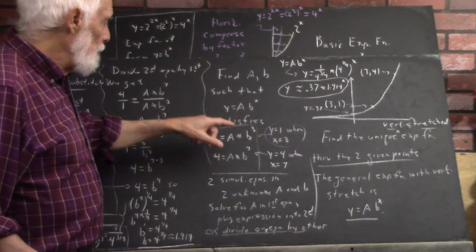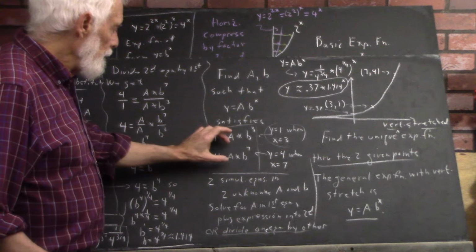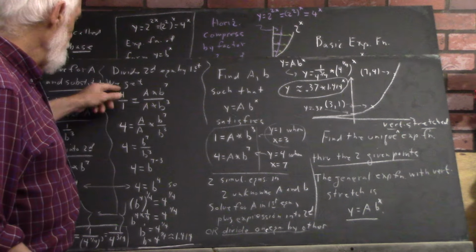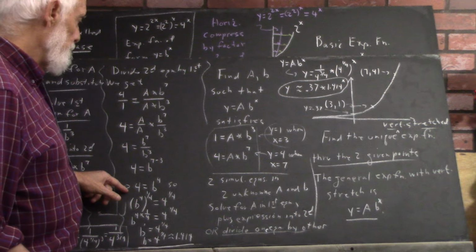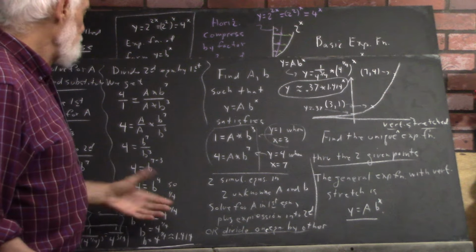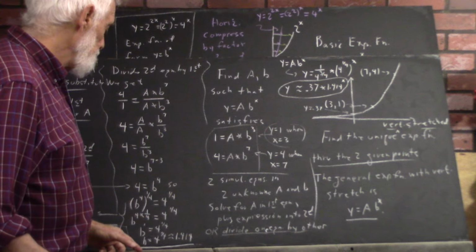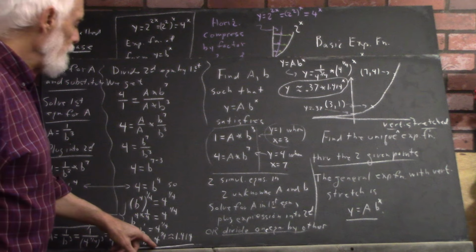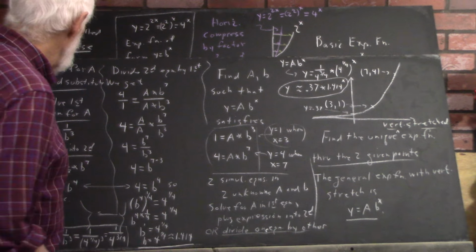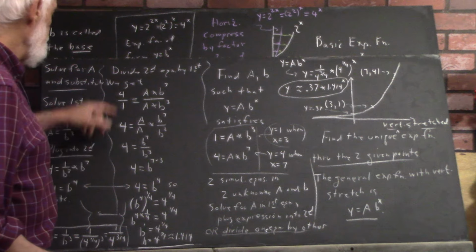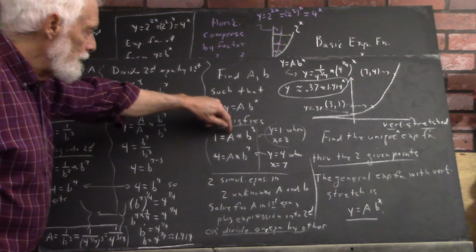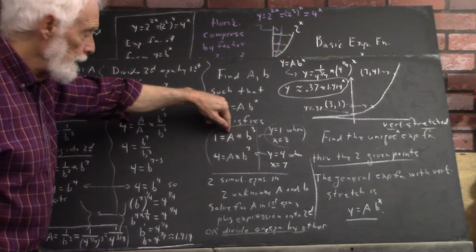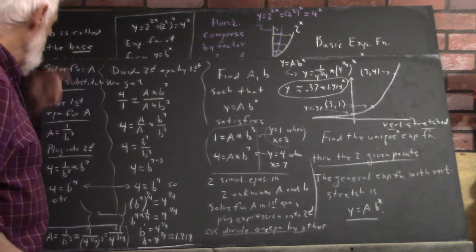Solve one equation for a, substitute that for a in the second, and you have an equation that just has b, as we did here. Then solve for b, just taking the appropriate power of both sides. Evaluate it if you need to. Take the exact value of b, then, and plug it into one of the 2 equations and solve for a. Once you put a number in for b, you have an equation just for a, and you can easily solve it.